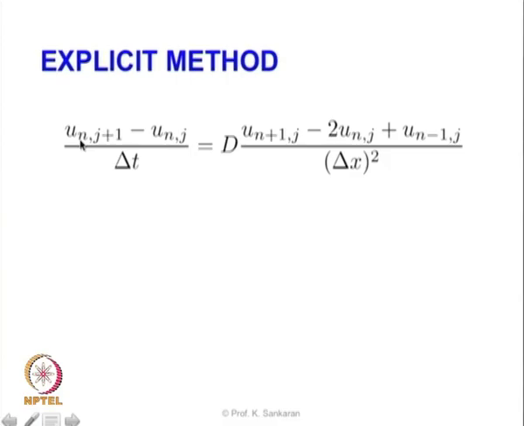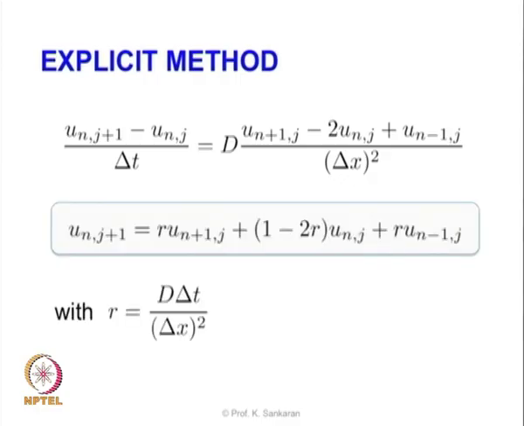If we rearrange the terms in such a manner that we keep only u(n, j+1) on the left hand side and bring all other terms to the right hand side, and substitute r for the constant d delta t divided by del x square, we get this form of an equation.